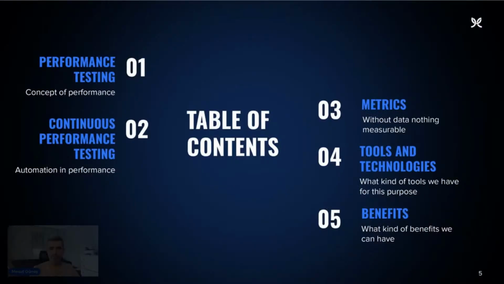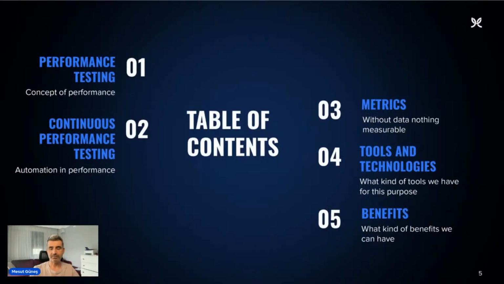Okay, this is the table of content. As I said, I'll define in the first section what's the performance testing and the concept of the performance testing. And I'll create a connection between continuous performance testing and the performance testing. Then you will get an idea how we can turn performance testing into a continuous performance testing.